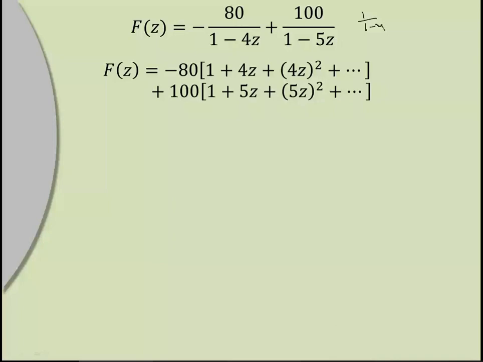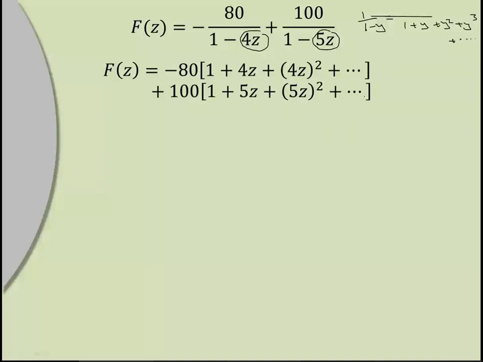The formula is 1 plus y plus y square plus y cube plus dot dot dot. This is the formula. Instead of y, we have 4z and here we have 5z. So use that formula, it becomes 1 plus 4z plus 4z square plus dot dot dot. And in the second term, it becomes 100 into 1 plus 5z plus 5z square plus 5z cube plus dot dot dot.